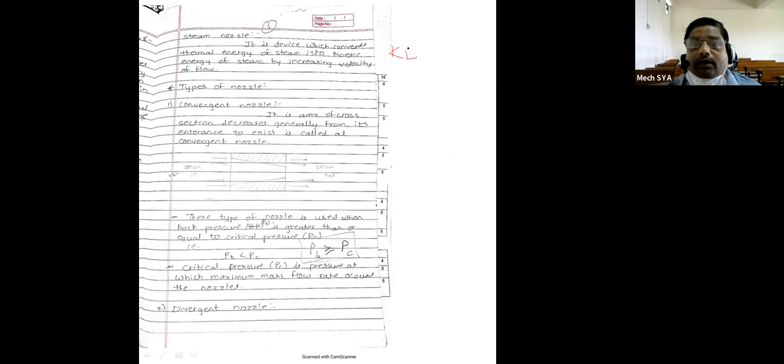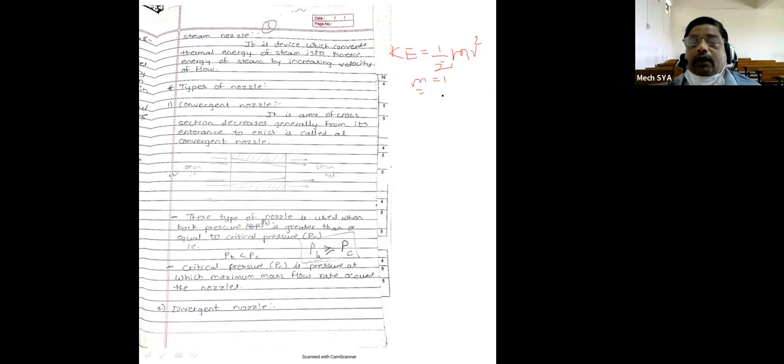If we are discussing specific kinetic energy, for specific mass, m equal to 1 kg, and replacing velocity by C, then kinetic energy will be equal to C square divided by 2.